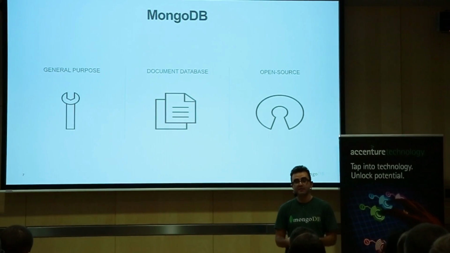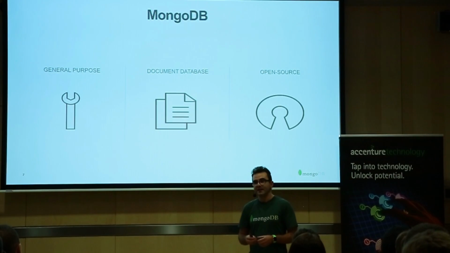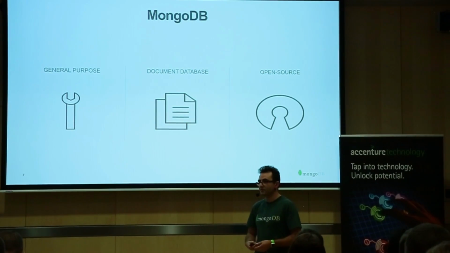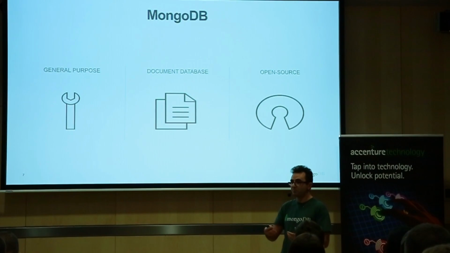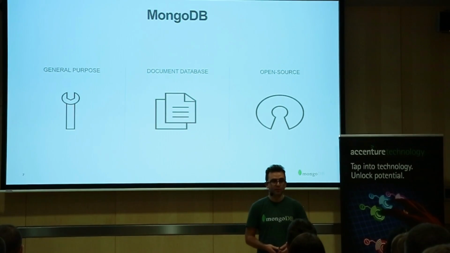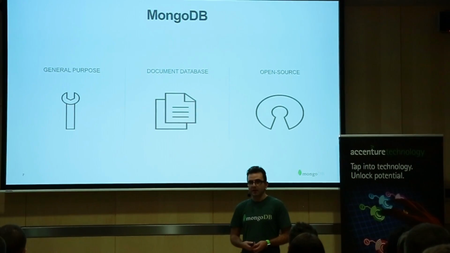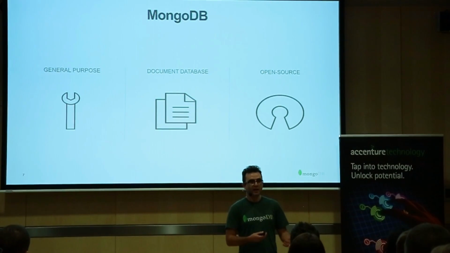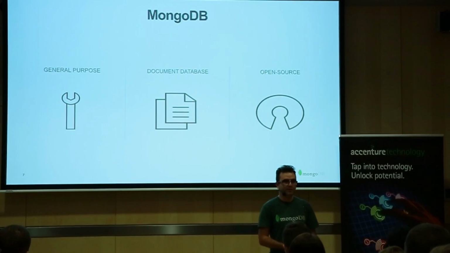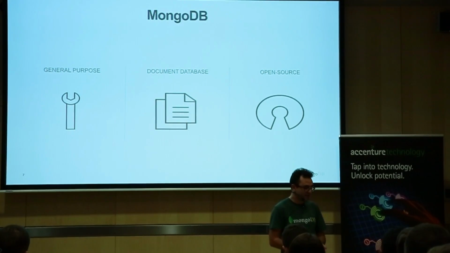Documents we're going to be looking into in more detail, but they're probably very well known to you as objects. If you are an object-oriented programming developer, you've probably been using those kinds of objects in documents or data structures that are very, very similar.